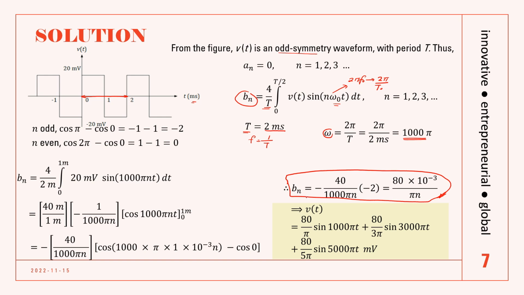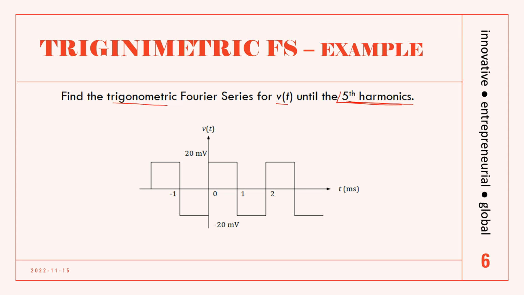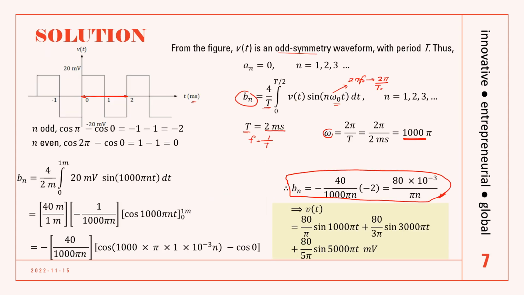Since the question asks for the fifth harmonic, you just have to replace n inside here with n equals 1, 2, 3, 4, and 5, to get up to the fifth harmonic. If you solve this particular equation, this is the final answer that you're supposed to get.